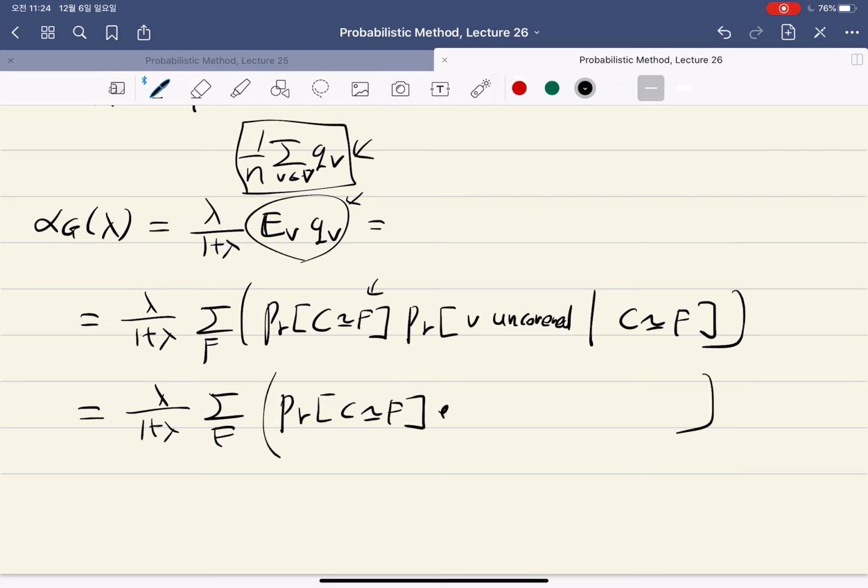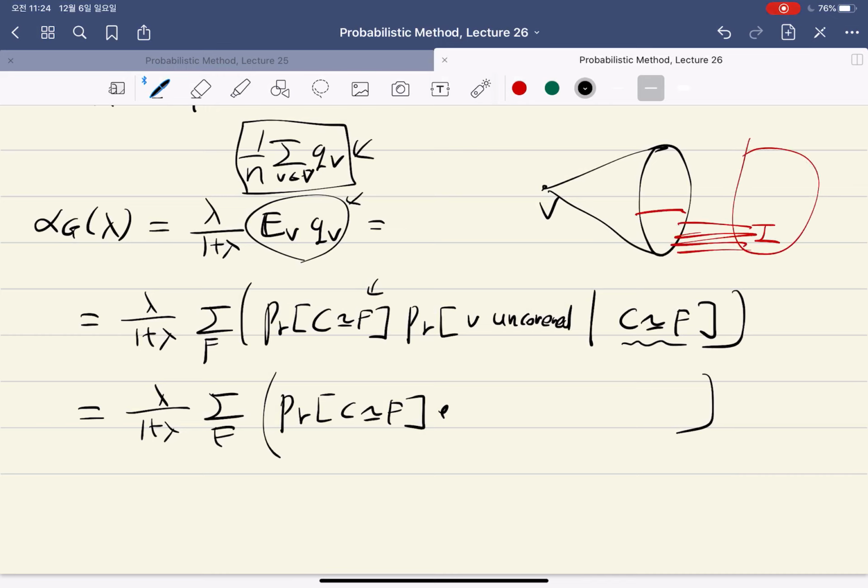What do we have to multiply here? Assuming you have V and its neighborhood, so I is already occupied here. And here these vertices are never in I, so we don't care.